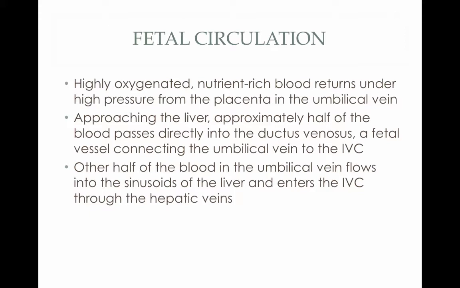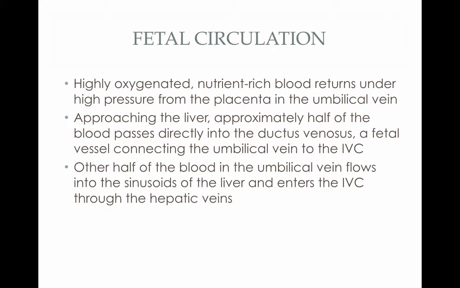So we get highly oxygenated, nutrient-rich blood returning under high pressure from the placenta in the umbilical vein. It approaches the liver, and approximately half of the blood passes directly into the ductus venosus, a fetal vessel connecting the umbilical vein to the IVC.